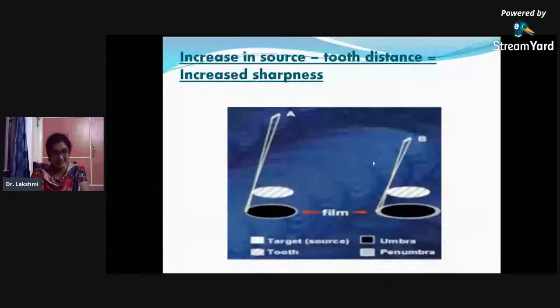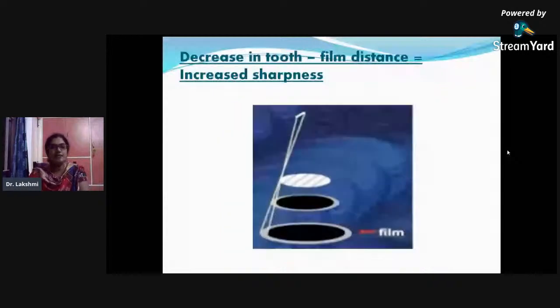Third one, decrease in tooth to film distance, increased sharpness. These are the film. What it is showing is that we have set the target or the spot. Coming to this diagram, over here where my cursor is moving, there is a decrease in the tooth and film distance.